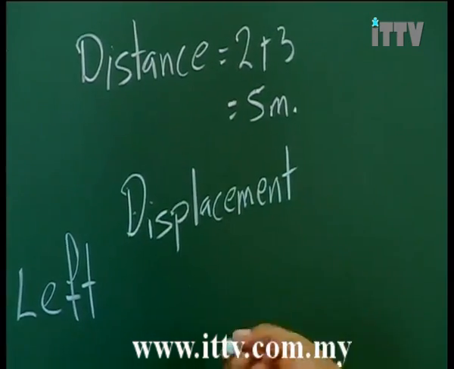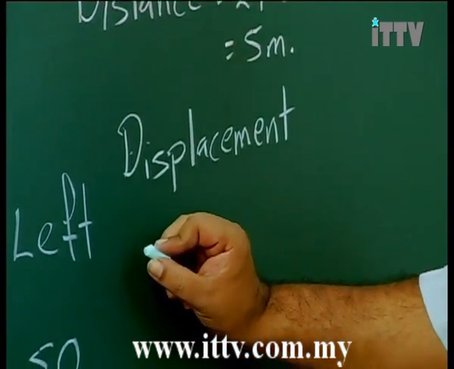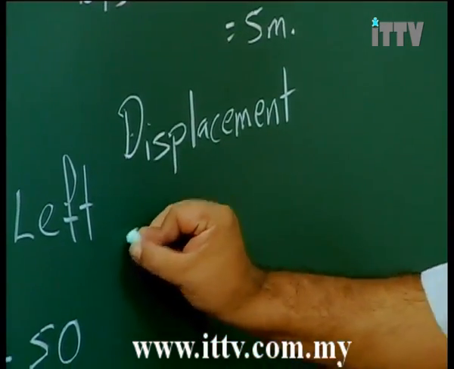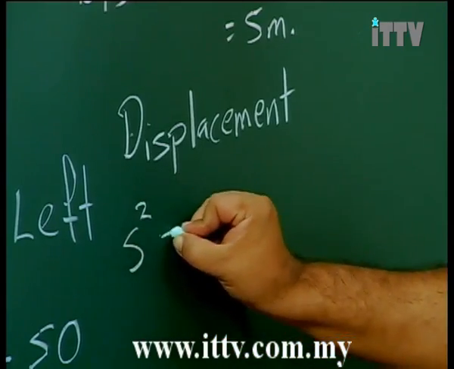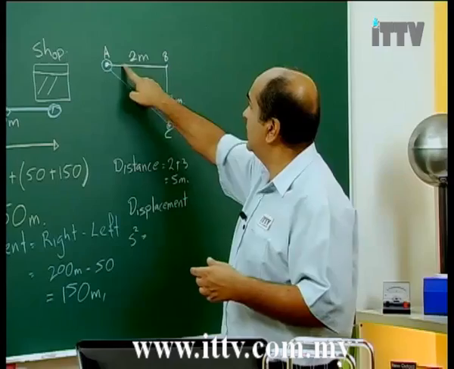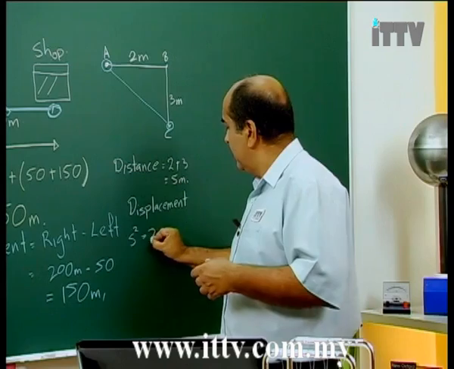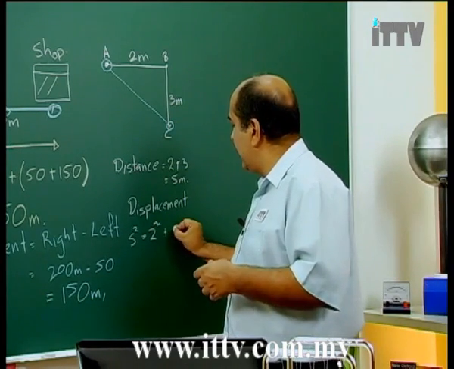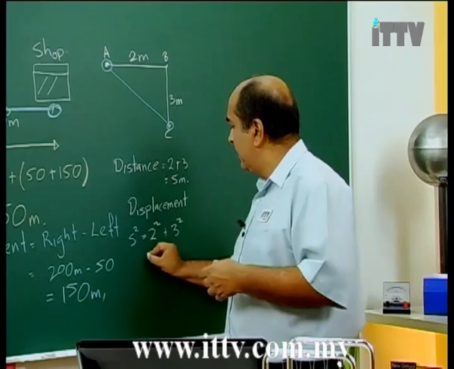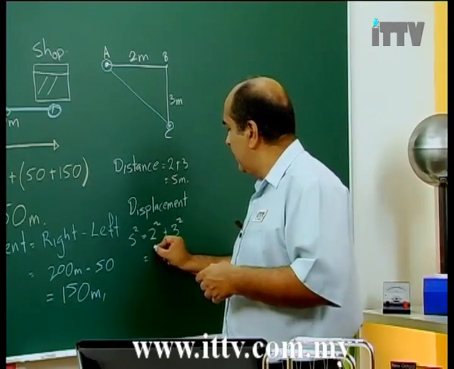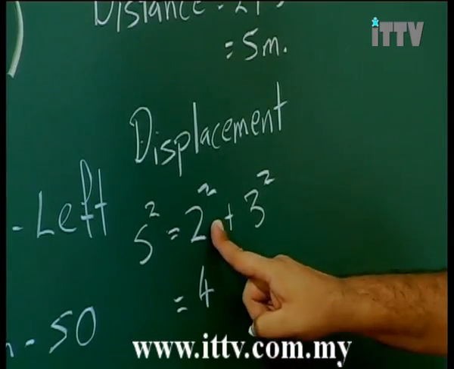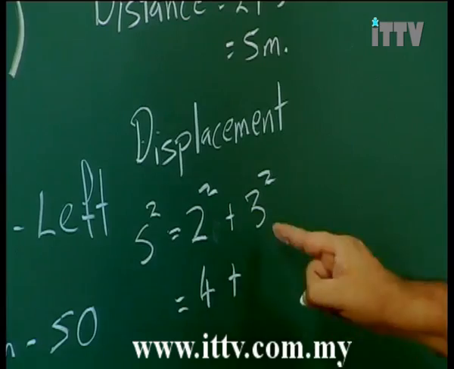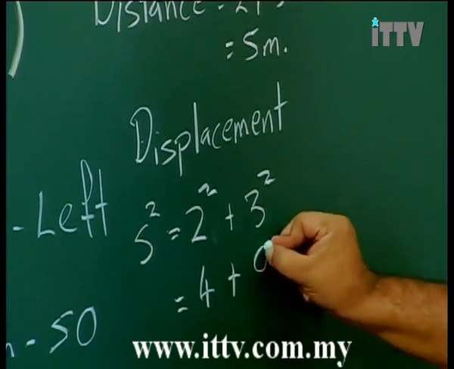Displacement, the displacement symbol is S. So S squared equals this distance up here, 2 squared, plus this distance here, 3 squared. 2 squared is 4, plus 3 squared, 9.